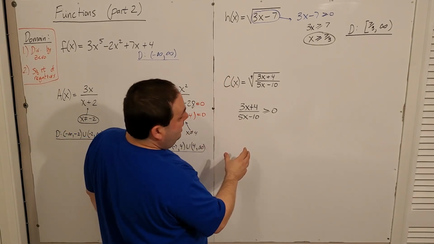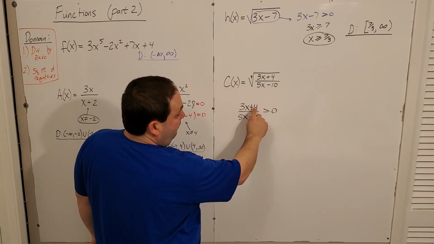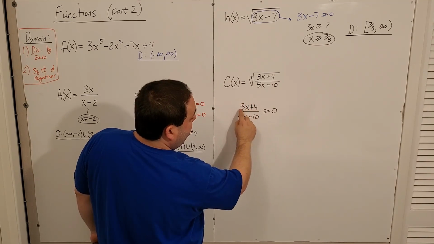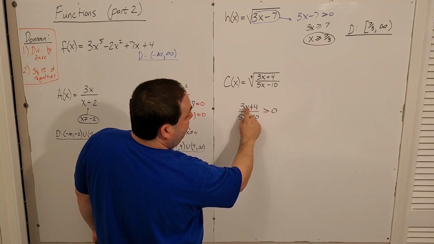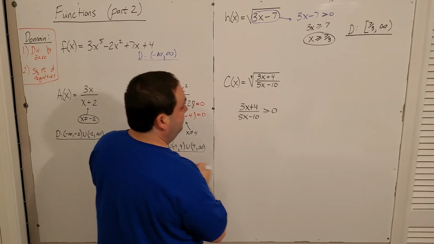I have that step-by-step process where I get my little markers on the number line from each individual piece. You'll notice that the marker that I would get from this one would be negative 4/3, because if I were solving it, I would subtract the 4 and divide the 3.